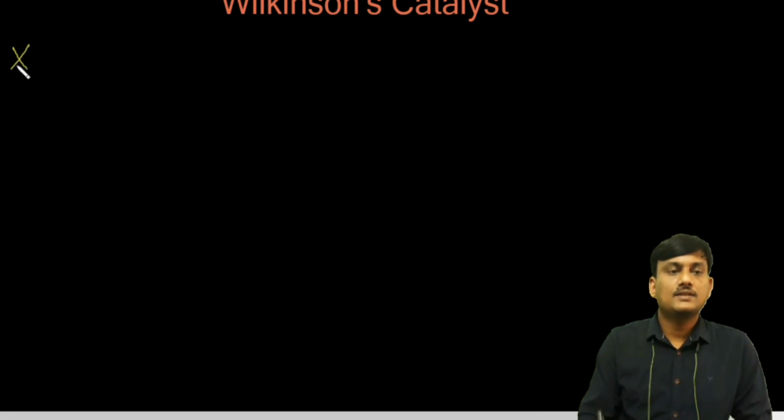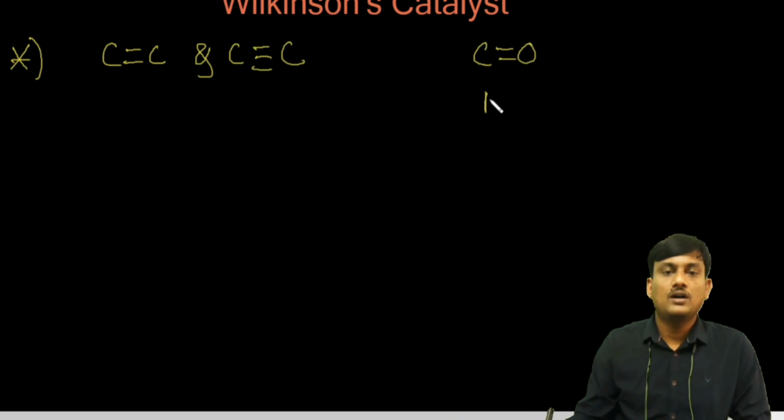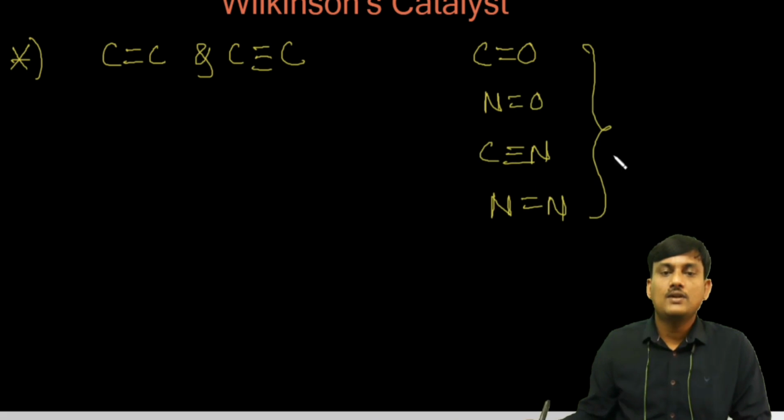Wilkinson's catalyst selectively reduces C double bond C and C triple bond C. The remaining bonds such as C double bond O, N double bond O, C triple bond N or N double bond N cannot be reduced by Wilkinson's catalyst.